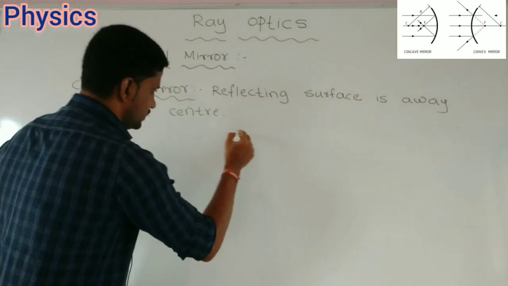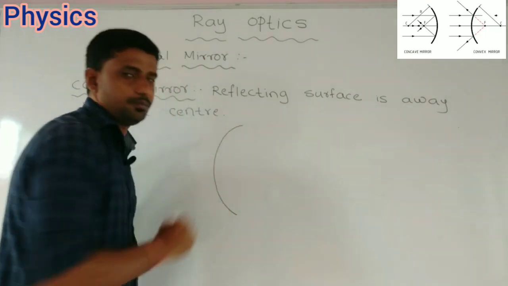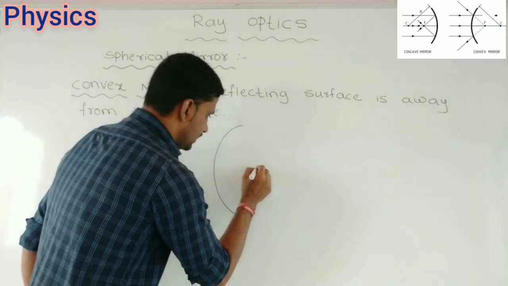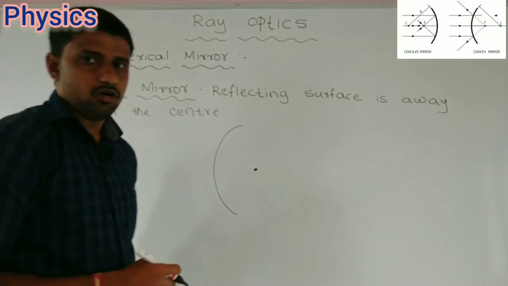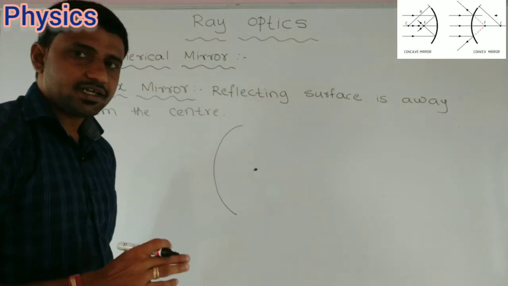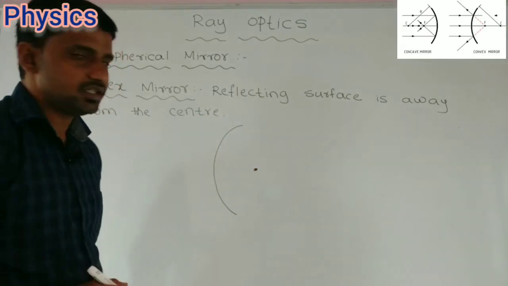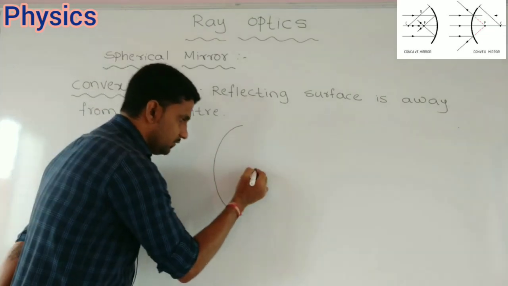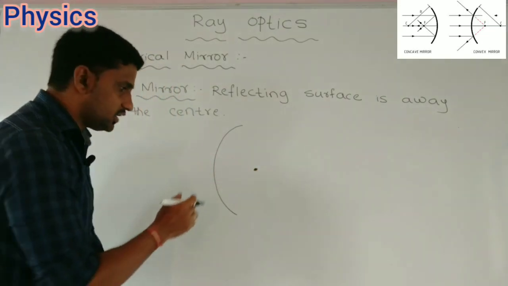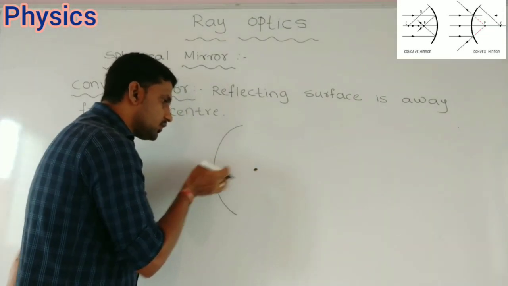like this. So this is the convex mirror and this is the center of curvature. This is one part of the hollow sphere and the reflecting surface is away from the center. See, the reflecting surface is away from the center. If this one is the center, the reflecting surface is far from this center.